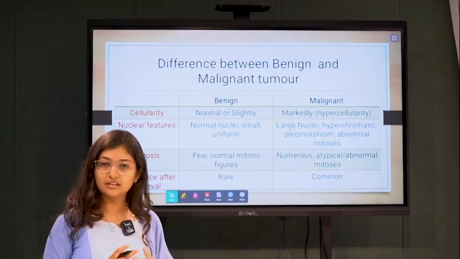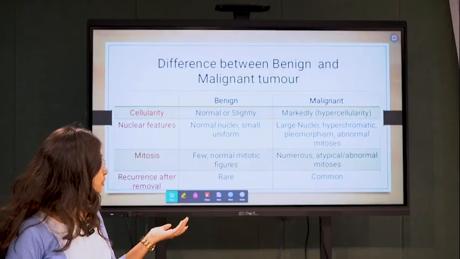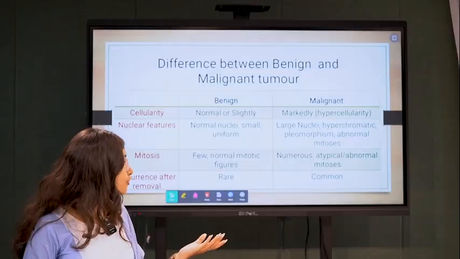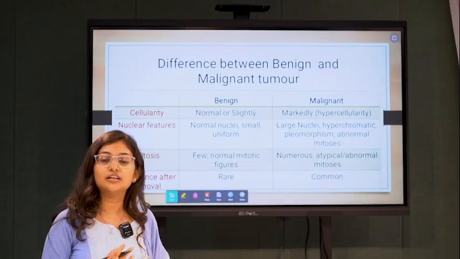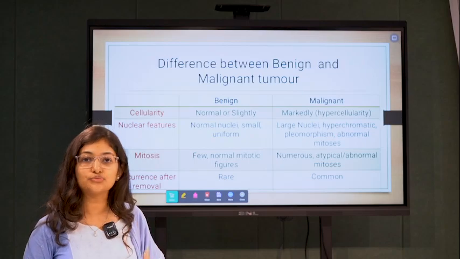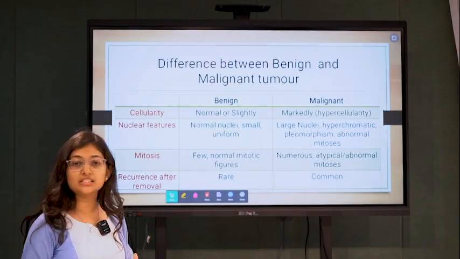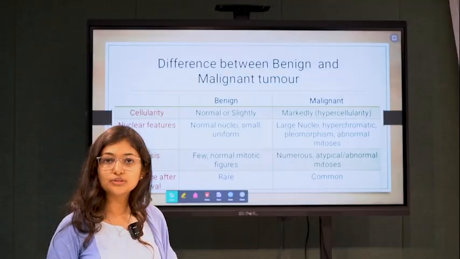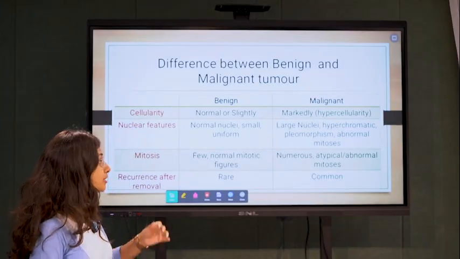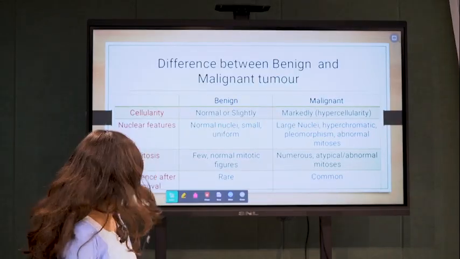It can have large nuclei, increasing in size, hyperchromatic, which means the stain of the nucleus gets darker, and pleomorphism, which means the difference in the shape of the nucleus, or it can be multinucleated also. And abnormal mitosis, which also results in multiple nuclei.